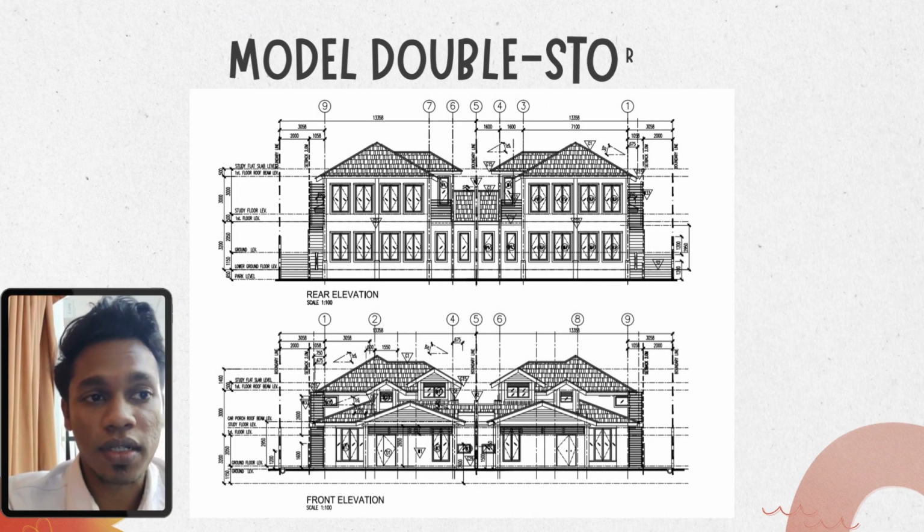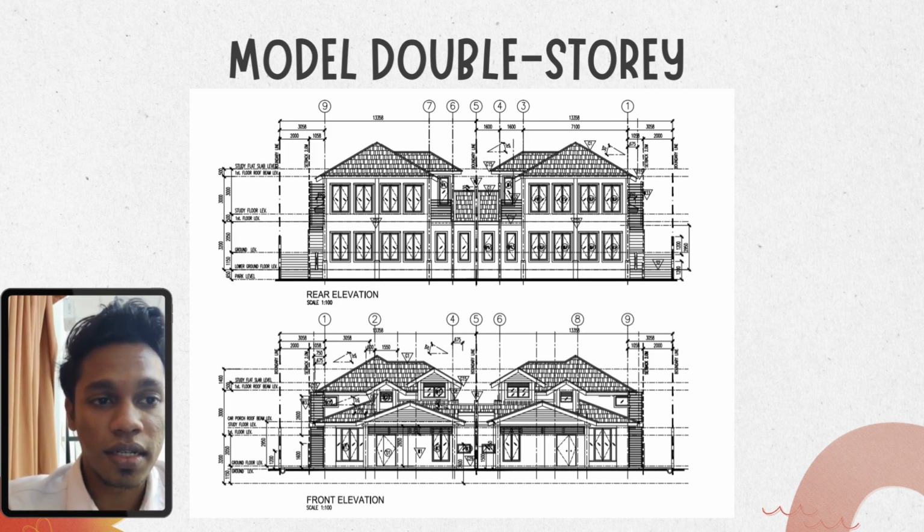This is our model of the double-story house. Actually, this is our plan. As you can see, you'll be looking at the rear elevation of our double-story house. For this rear elevation and front elevation, this is actually 2 combined twin houses. So we are only modeling or designing a construction for 1 single unit of the house.